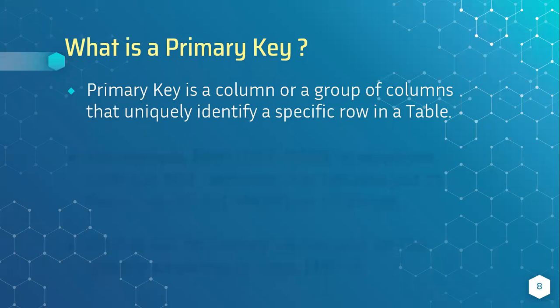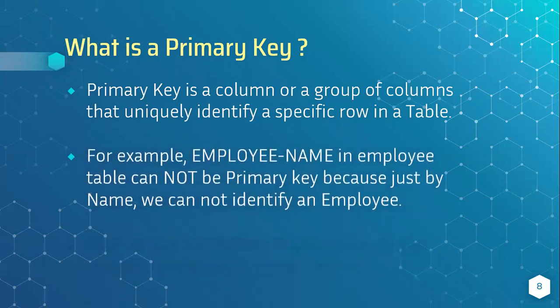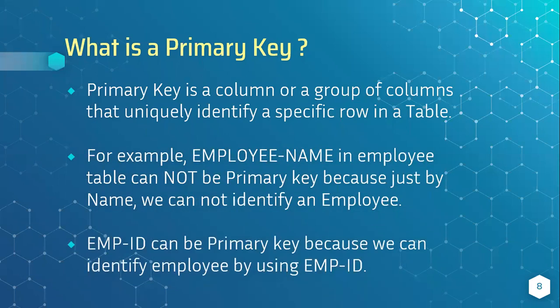No, because there will be many people, 3-4 people with the same name Sekhar. So employee name cannot be used as a primary key. So we should take some column which is unique to each employee, like employee ID. Employee ID can be used as a primary key.